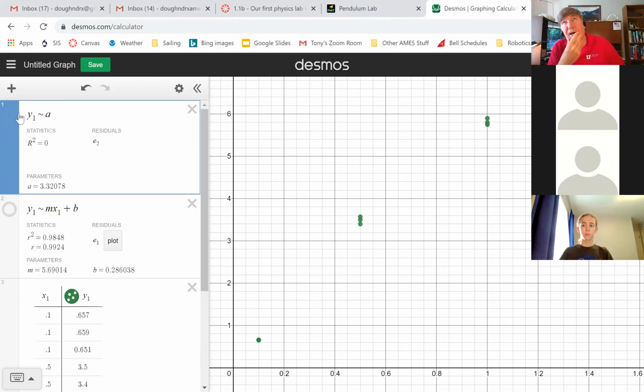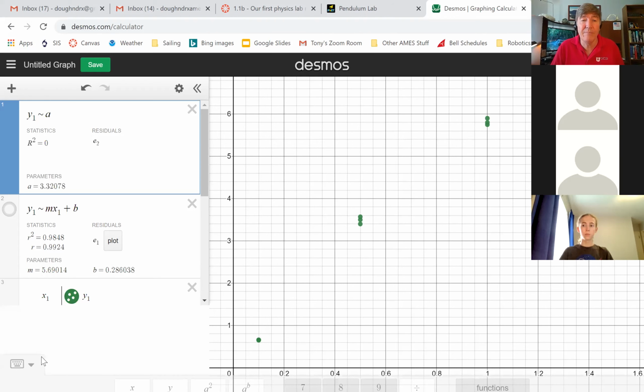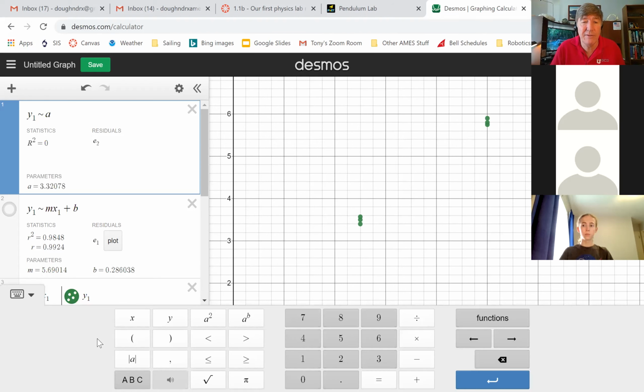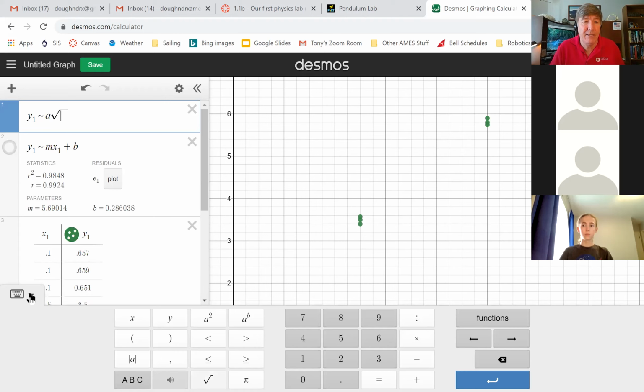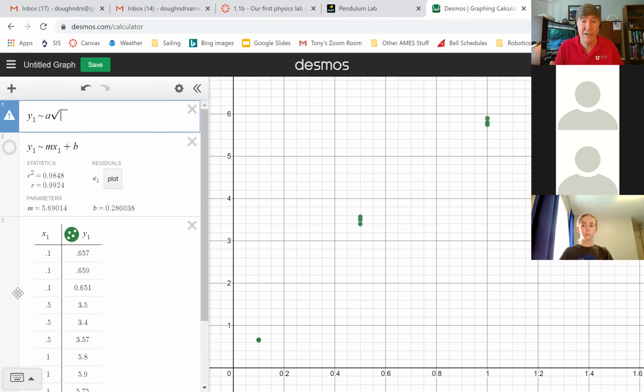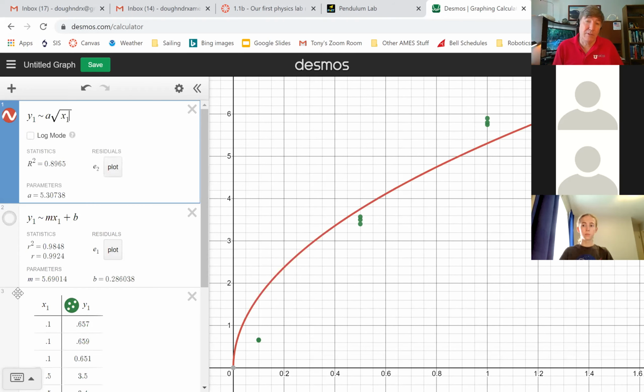My goodness, I've forgotten the words for square root. If only there was a place I could look that would find it. Well, let's try this keyboard. Hey, looky there. Okay, there's a square root function right there. So let's click that and then make the keyboard go away. All right, so a times the square root of, now my independent variable is x1, so I'm going to say x1. Okay, there we go.